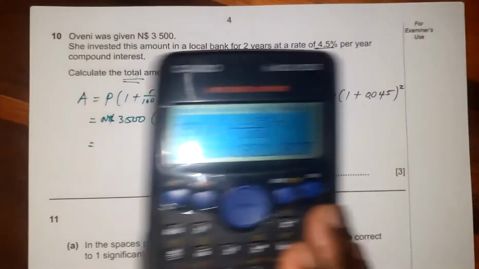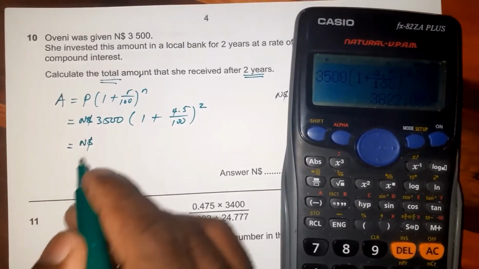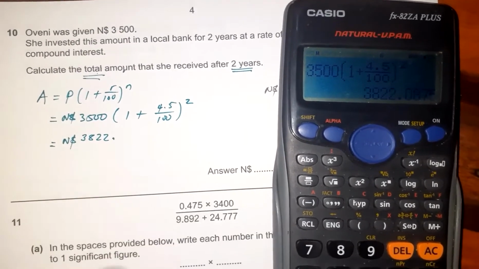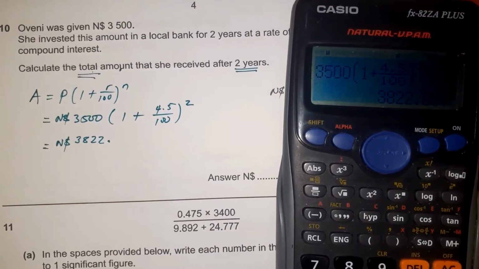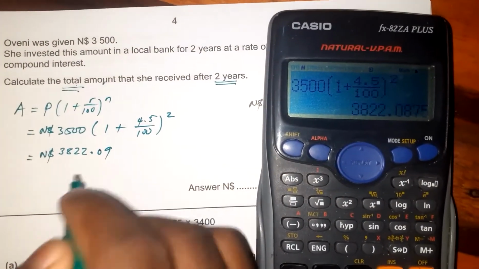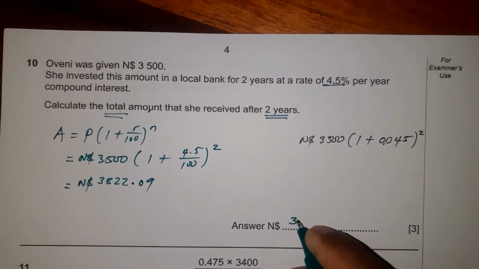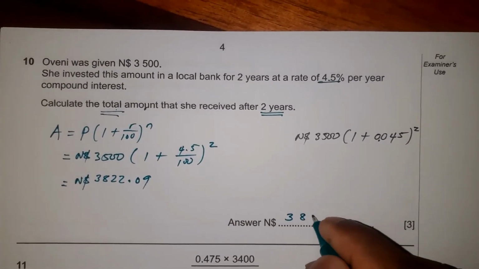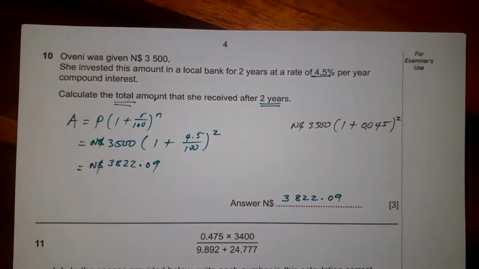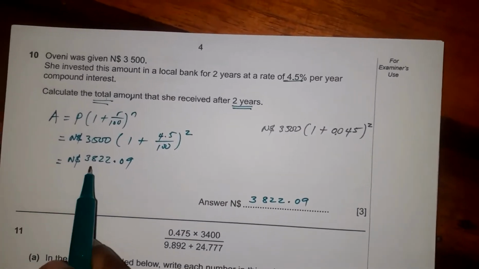And therefore the amount that I'm getting, let me write it here, 3822 point, because it's money, we should write it to 2 decimal places, that is 09. So we write the final answer here, 3822.09.